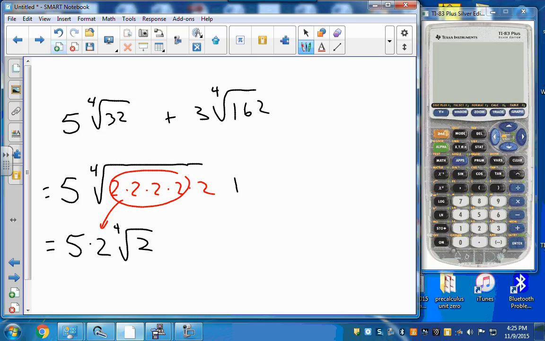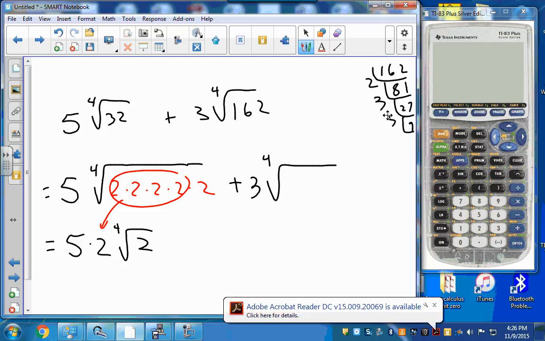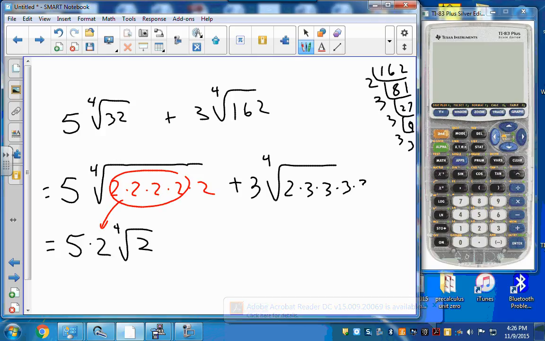Now, I don't recognize 162. So let me go off to the side. 162. 2 goes into it, 81. 81 is 3 times 27, which is 3 times 9, which is 3 times 3. Okay, so I have a 2 by 3 by 3 by 3 by 3.